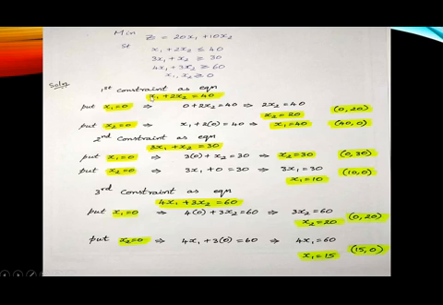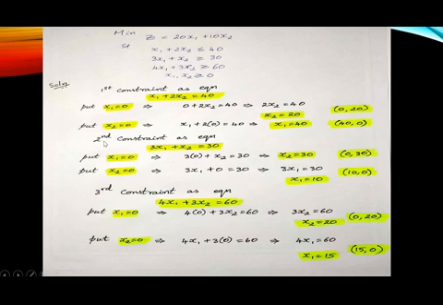The first constraint was x1 + 2x2 ≤ 40, so that becomes x1 + 2x2 = 40. I put x1 = 0, so 2x2 becomes 40, therefore x2 is 20. The coordinate point is (0, 20). Now I put x2 = 0, so I get x1 = 40. The point is (40, 0).